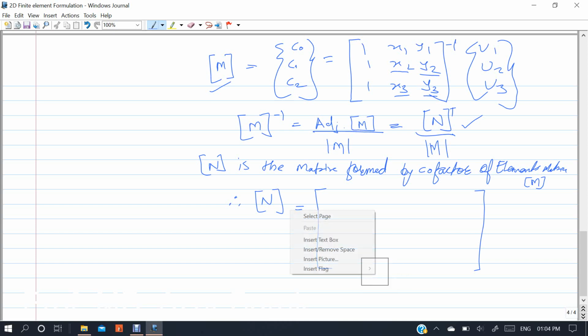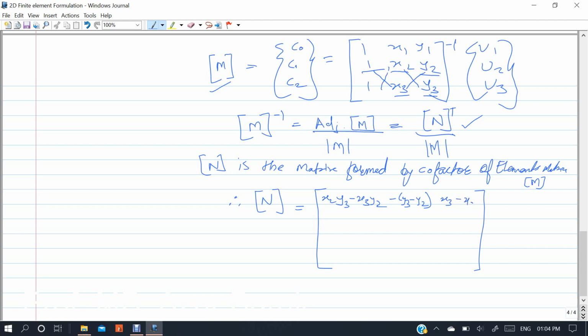Next, y3 will be multiplied by 1 and y2 by 1, so here it will become minus y3 minus y2, and similarly x3 minus x2.